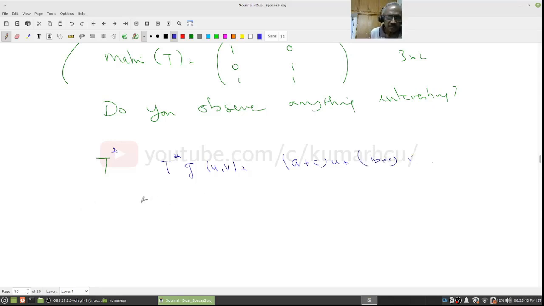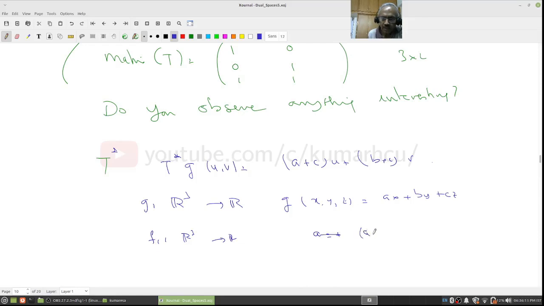This is for any G. What is G? G is a linear map from R3 to R. How is it given? G of XYZ is AX plus BY plus CZ, right? Now therefore what will be my F1? F1 is from R3 to R, that is G of F1 of XYZ is just A, right? It is just 1, therefore it is nothing other than my A in this case is 1.